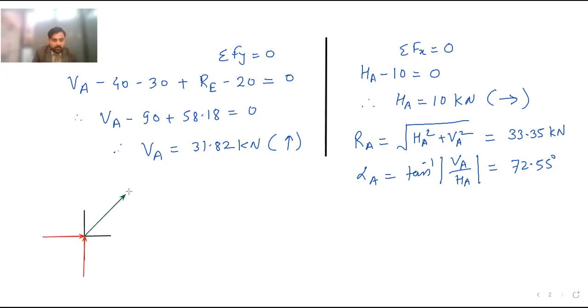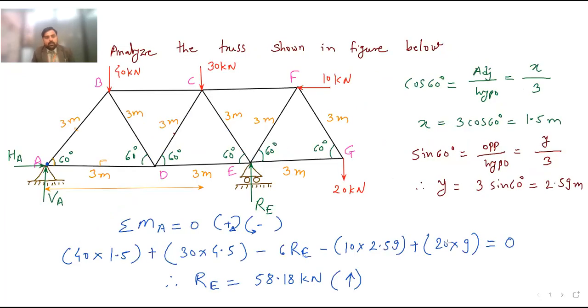This is the inclined member and this is the horizontal member. Now we will write the names and values. So VA and HA and then AB and AD.